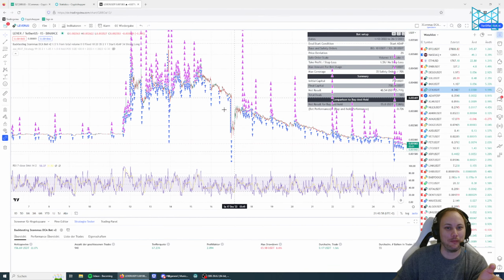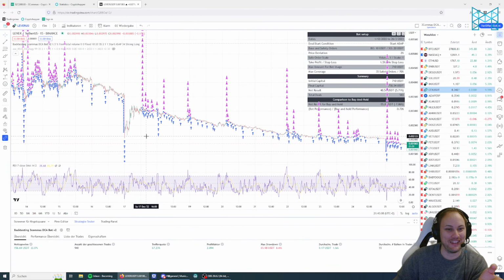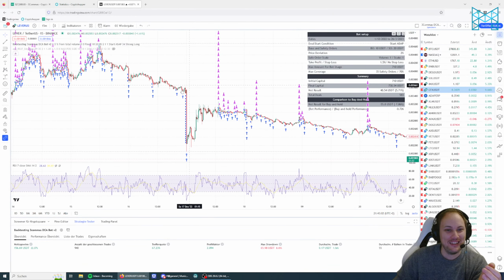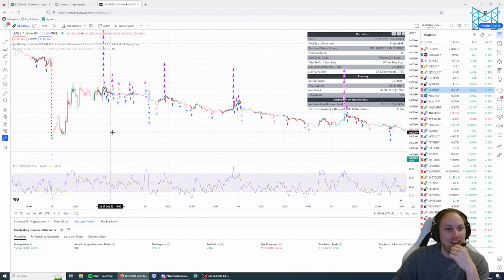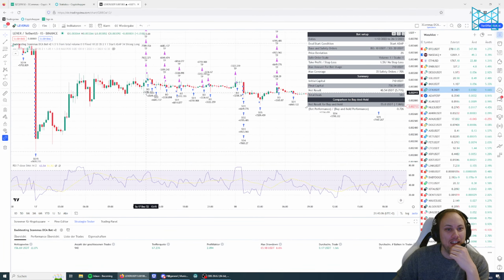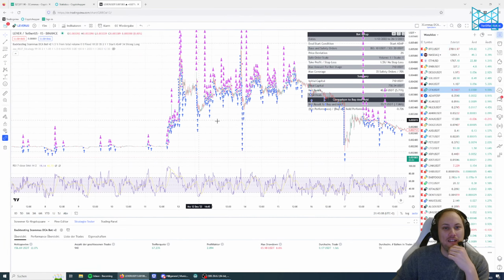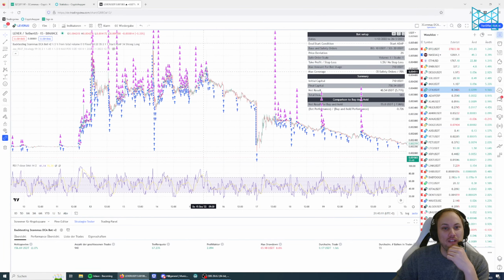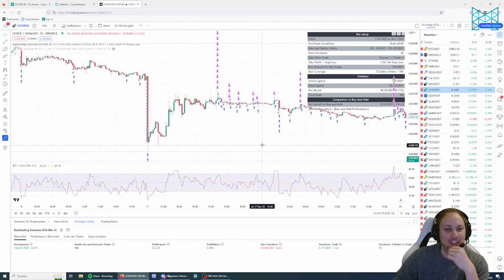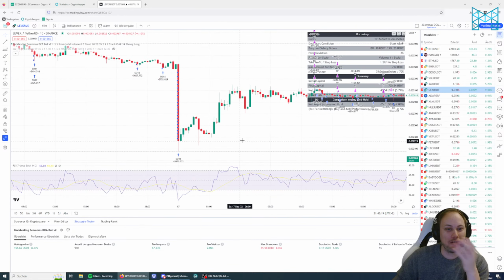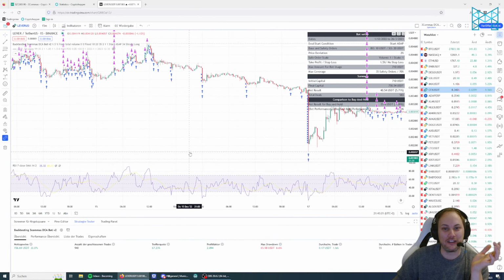Wow, look at how many safety orders it put in here. Crazy. Yeah, base order. Okay, nice. So we even opened here at a really, really high peak, and then it put in a lot of safety orders. I really like to analyze this. 15 safety orders, okay.